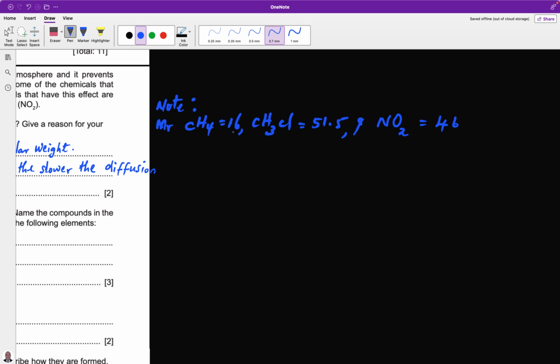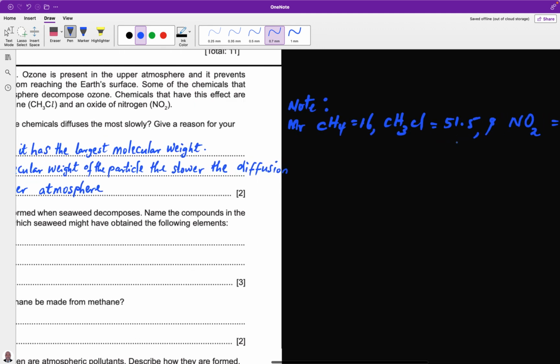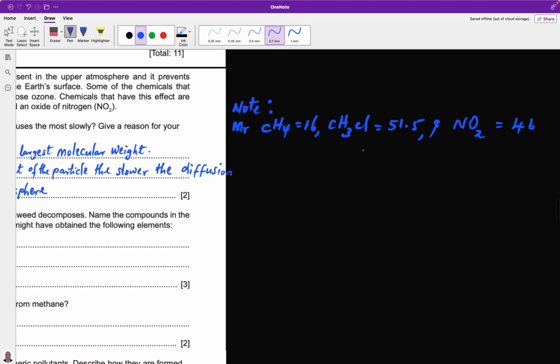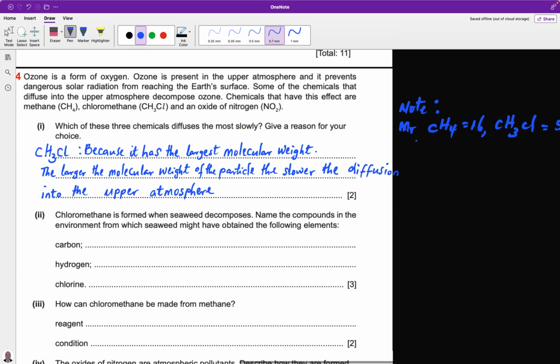Looking at these chemicals, methane has a molar mass of 16, chloromethane has a molar mass of 51.5, and nitrogen dioxide has a molar mass of 46. The one with the highest mass is chloromethane with 51.5, so the one that is going to diffuse most slowly is chloromethane.